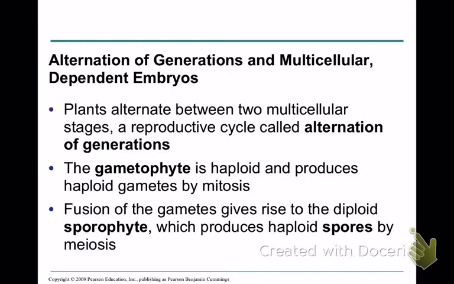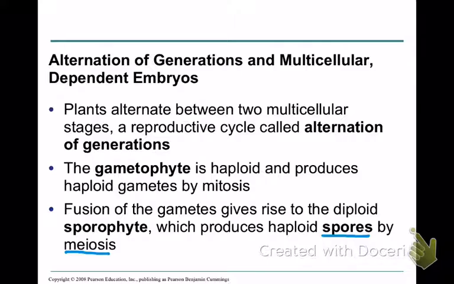Okay, and an important feature of plant reproduction is the alternation of generations. So plants alternate between a haploid gametophyte, which is going to form gametes, eggs or sperm, by mitosis. Then those eggs and sperm are going to fuse in a process of fertilization to form a zygote, which will develop into the sporophyte, and that sporophyte makes haploid spores by meiosis.